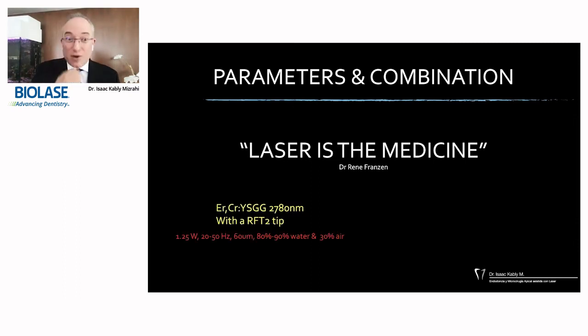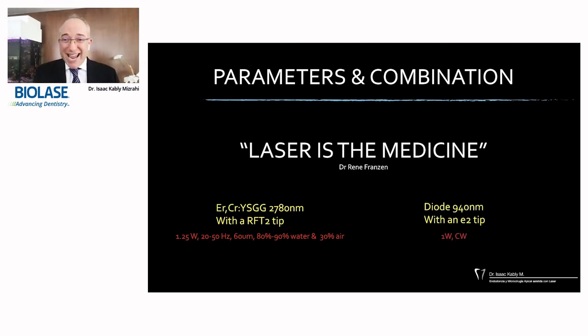So when we speak about the erbium chromium YSGG laser, 2780 nanometers wavelength, equipped with an RFT2 tip, radial firing tip 2, we can use 1.25 watt power with 20 to 50 hertz at 60 microseconds, 80 to 90% water and 30% air in order to make the disinfection work.